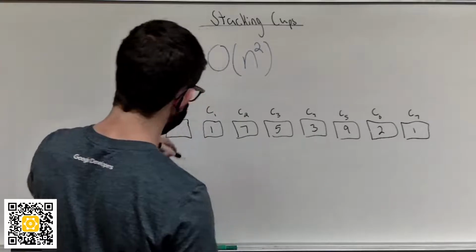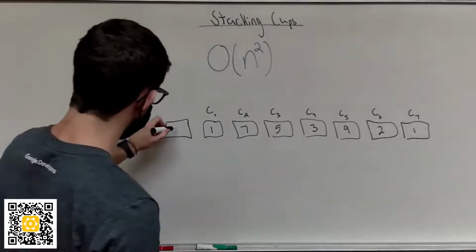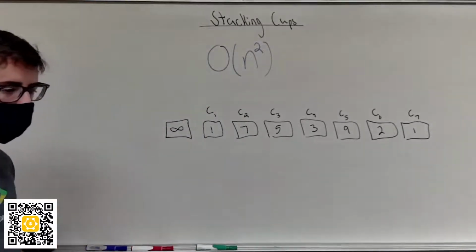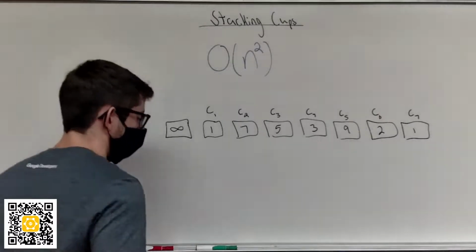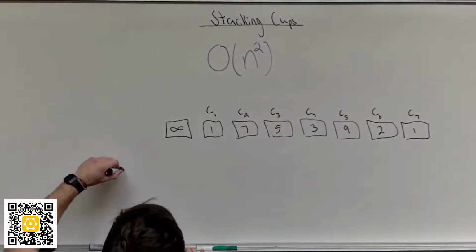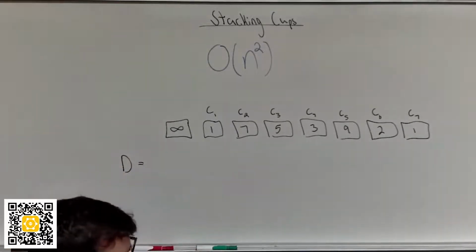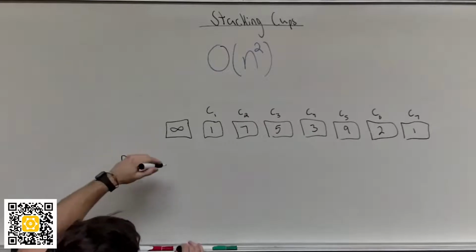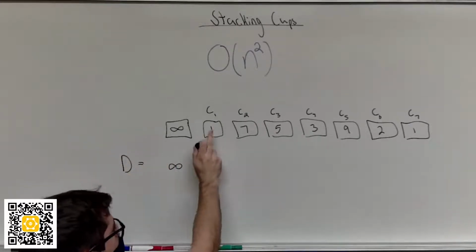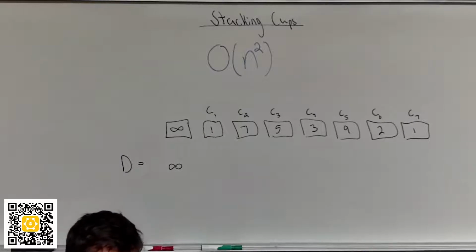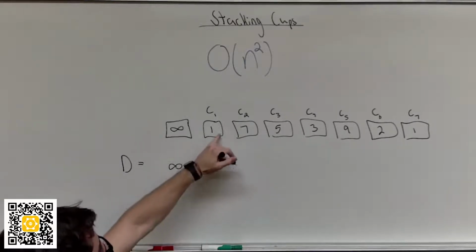First off, let's insert an extra cup called infinity. This is just going to help us out later on. Let's say we have this second array, which will keep track of the largest we've seen so far. Starting off, of course, we will have infinity. Now we're looking at cup 1, the first cup.